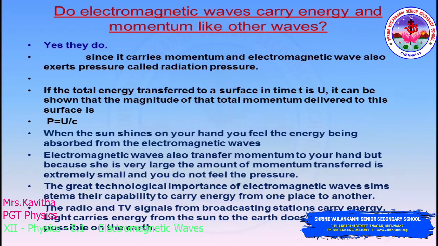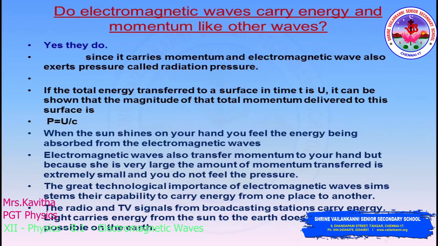The charges thus acquire energy as well as momentum from the wave. So the electromagnetic wave carries energy as well as momentum. Since it carries both energy and momentum, an electromagnetic wave also exerts pressure, which we call radiation pressure, right?